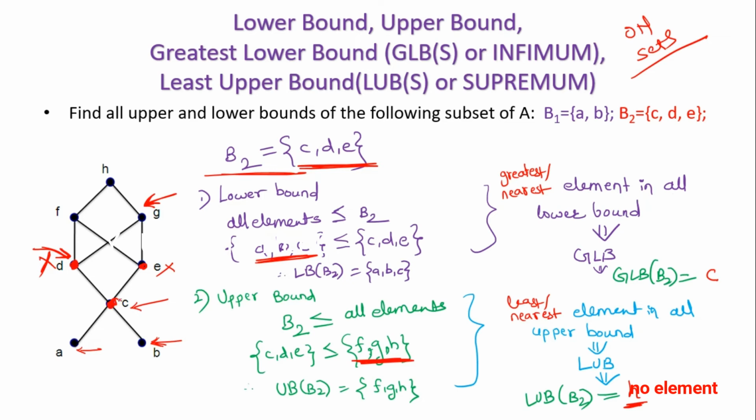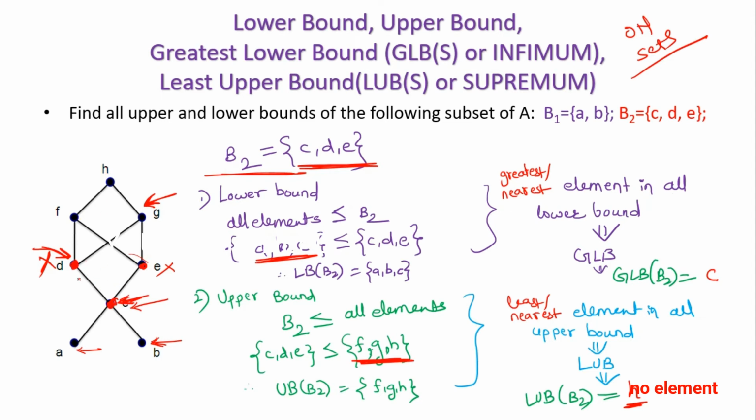For C, D and E, from the lower bounds A, B, C, the nearest element will be C. The time to travel from C to all of these elements will be shortest, so this will be my greatest lower bound. And from the upper bounds F, G, H, the time to travel to F, G and H.